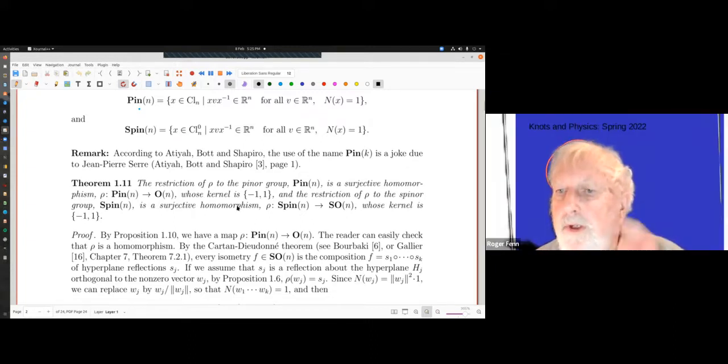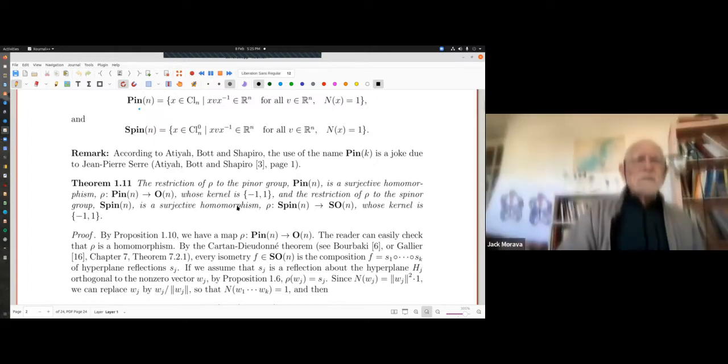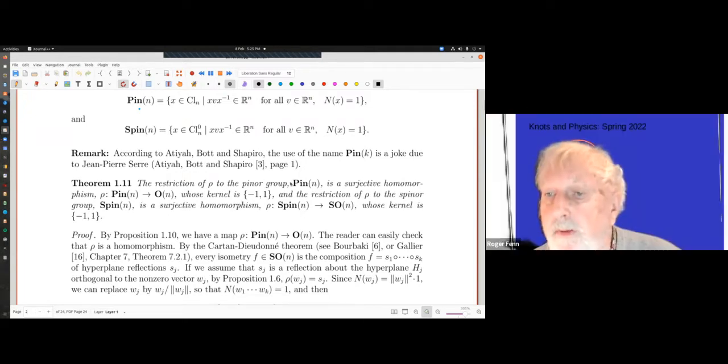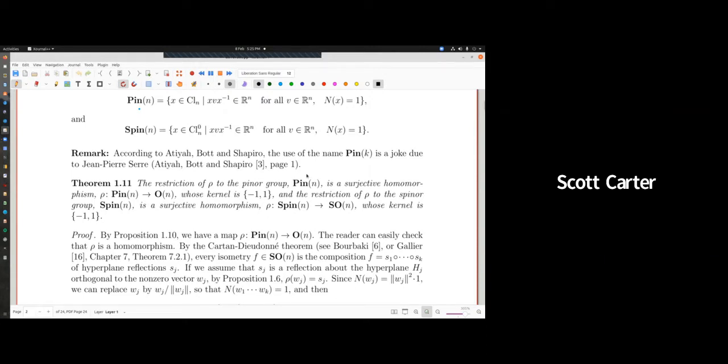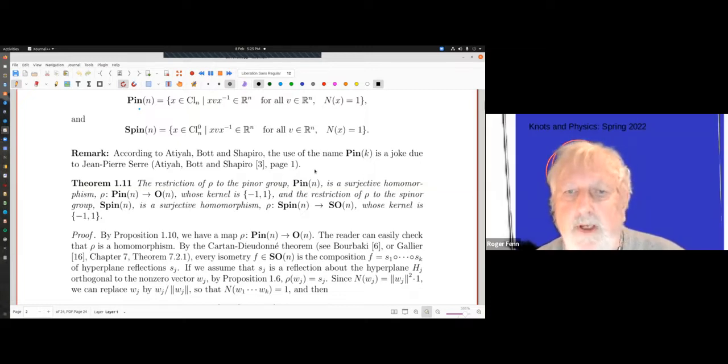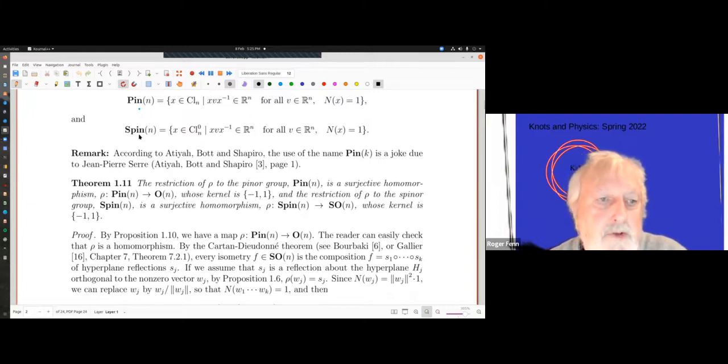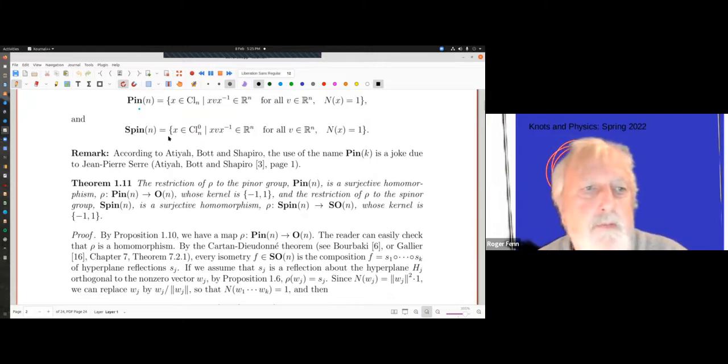Jack, you need to unmute. Okay. Isn't it just pin and spin? I mean, it's silly. Is there anything deeper? No, that sounds about right. Yeah. Special and not special. Yeah, that's right. And spin obviously means something to do with rotations, but it's also S for special. Yeah, it's sort of, yeah, okay. It's hardly going to bring the house down.